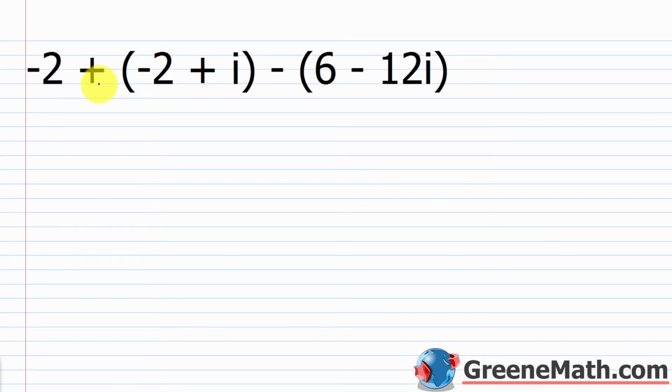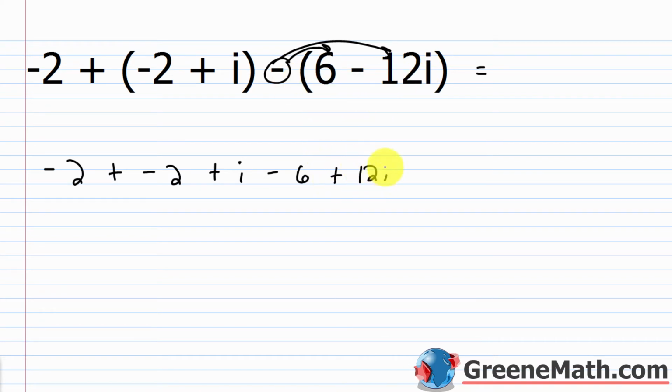We have negative 2 plus i minus the quantity 6 minus 12i. So we have negative 2, and then plus negative 2 plus i. This will, again, get distributed to each term. So you'll have minus 6, and then minus a negative 12i would be plus 12i.